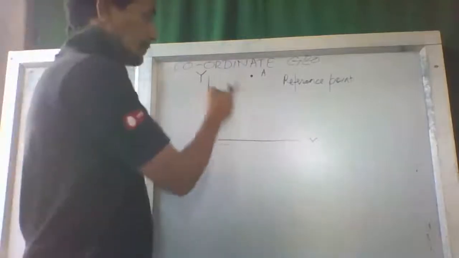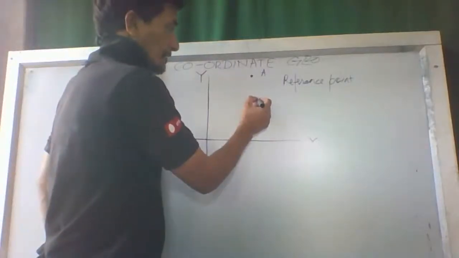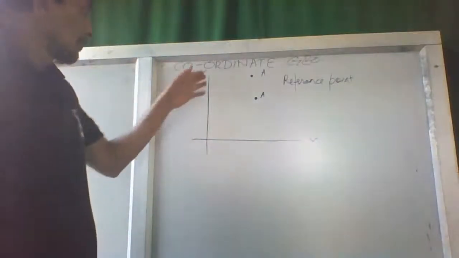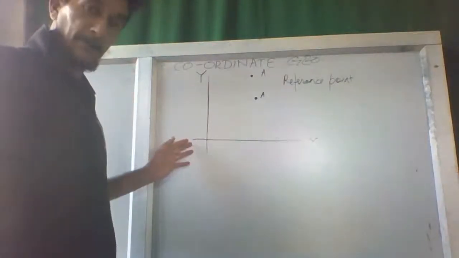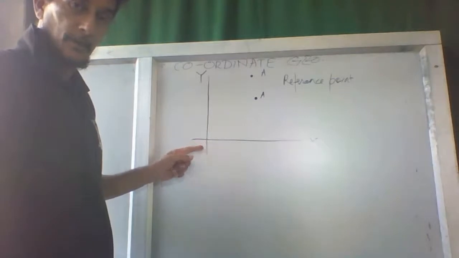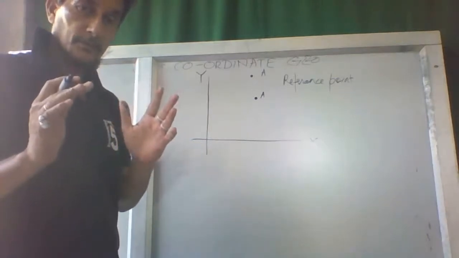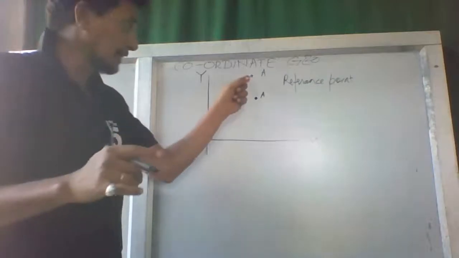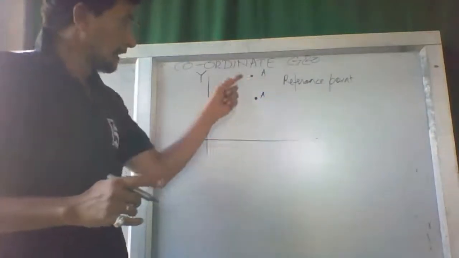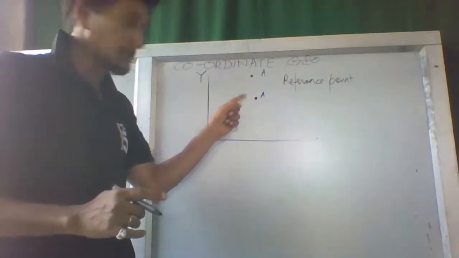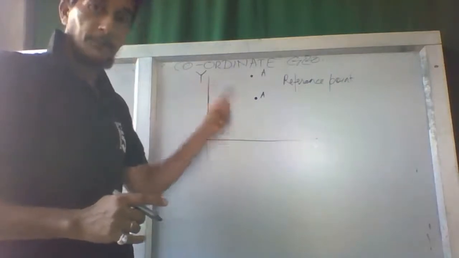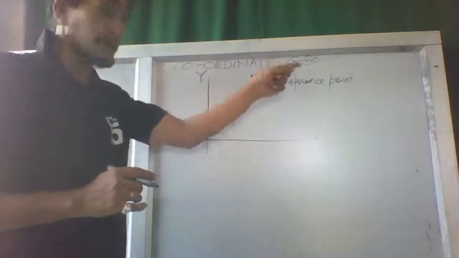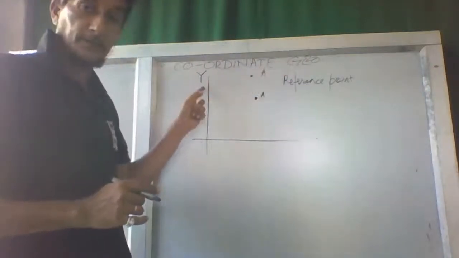Somewhere in between these two coordinates there is a reference point A. So this is coordinate geometry, because these are coordinates.